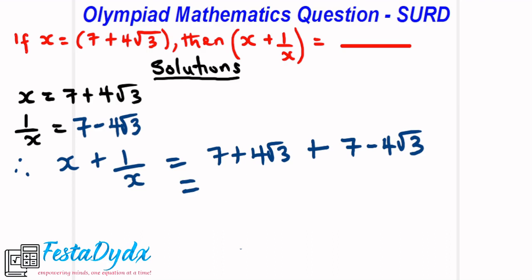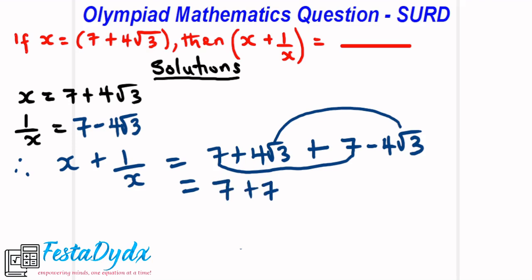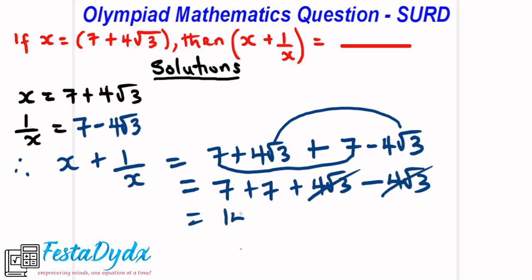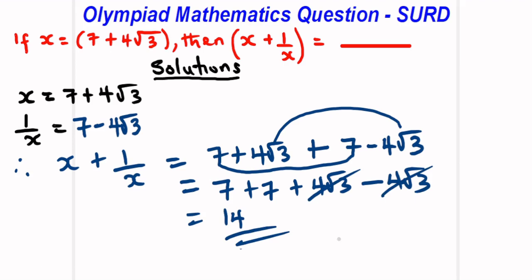So number to number, surd to surd. We have to collect like terms. So 7 plus 7, plus 4 root 3 minus 4 root 3. 4 root 3 minus 4 root 3 is 0. So we are left with 7 plus 7, which is equal to 14.